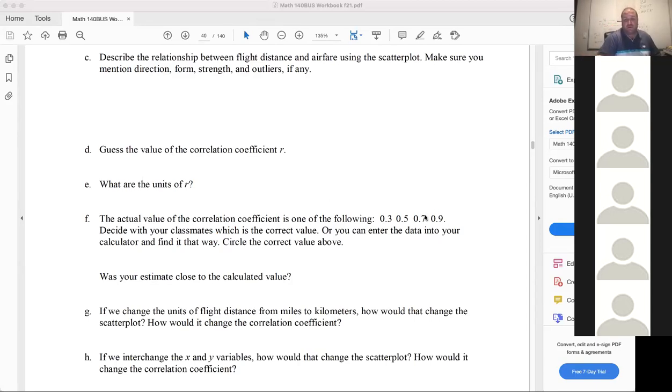So we really got something very close to 0.7. That means our estimate was pretty good.